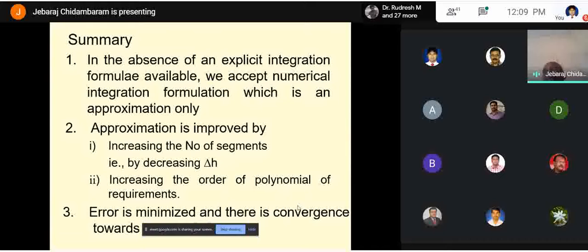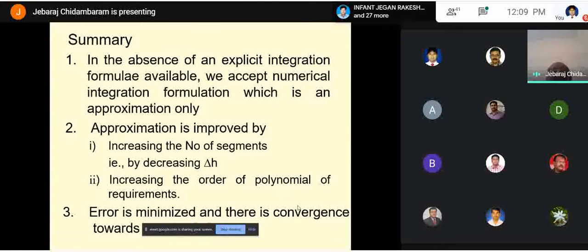You have 10 linear elements. Make those 10 elements quadratic, good improvement. Have the same 10 elements with cubic, a very good approximation. Still, it's an approximation. That is called convergence.